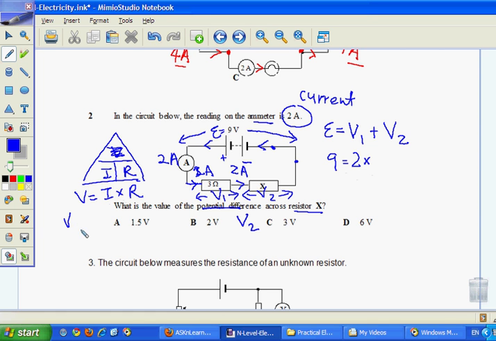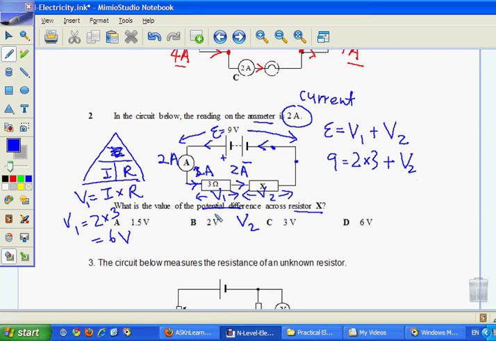So my V1 is equal to 2 times my R. My R here is 3, so it's actually 6V.